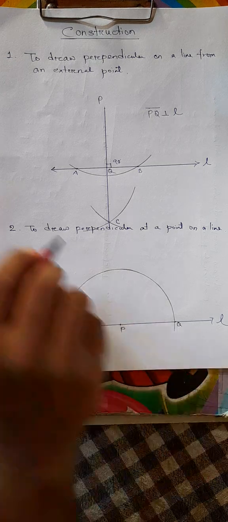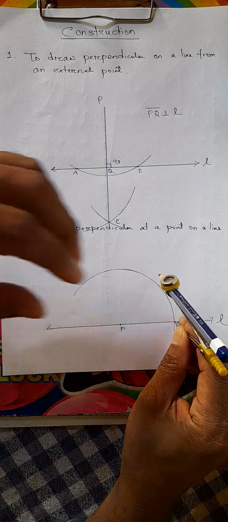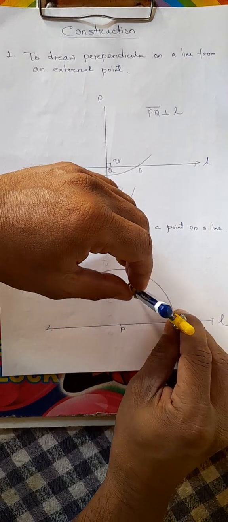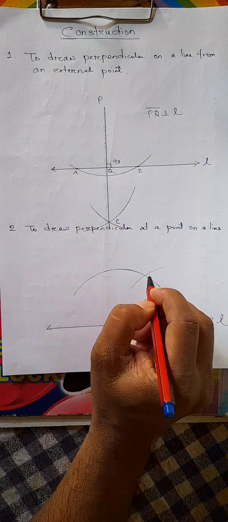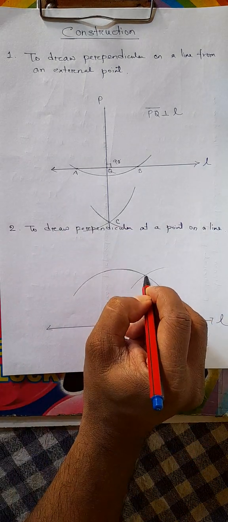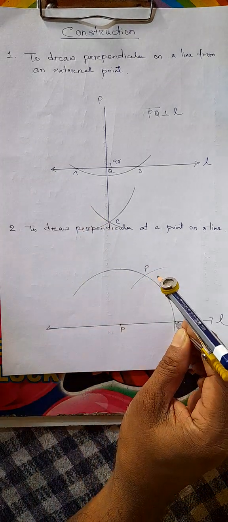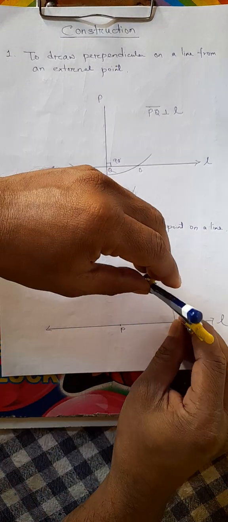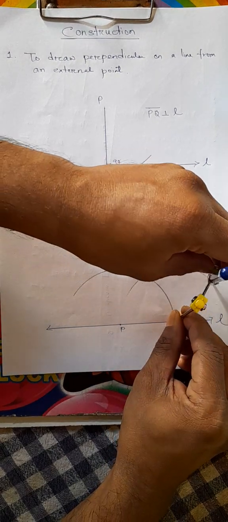This is Q. Now with Q as the center, let us draw an arc with the same radius. Say this is R, right?